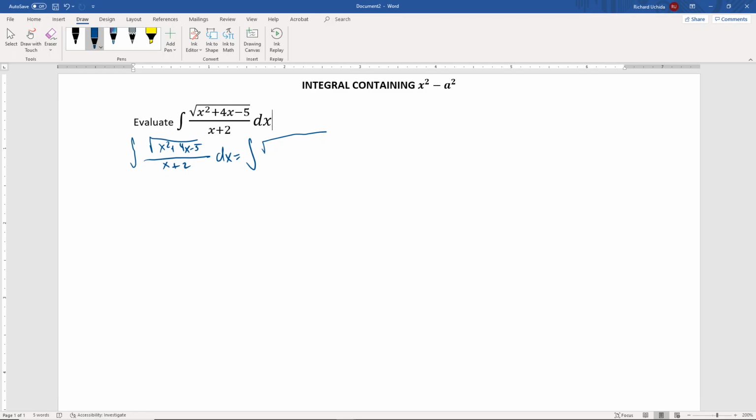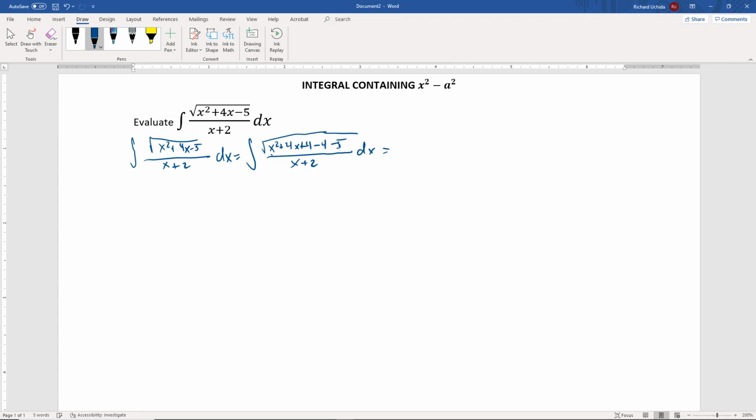So we'd have x squared plus 4x plus 4 minus 4 minus 5 all over x plus 2 dx. So we did the plus 4 minus 4 underneath the radical, so that's the same thing as just adding 0, so we didn't actually change anything.